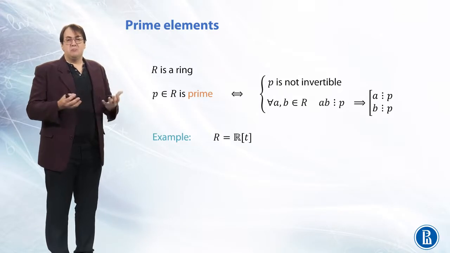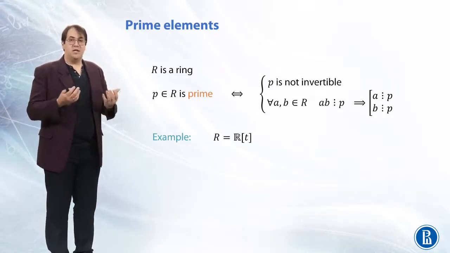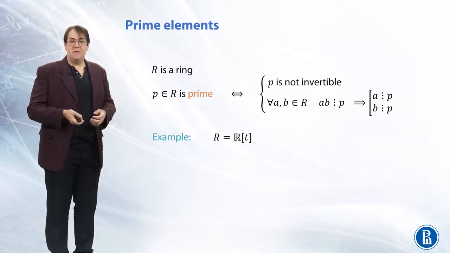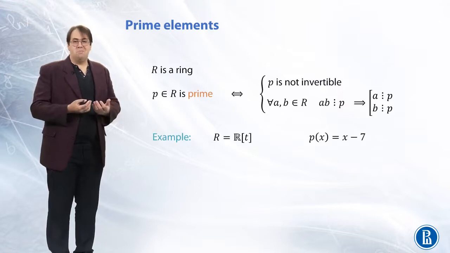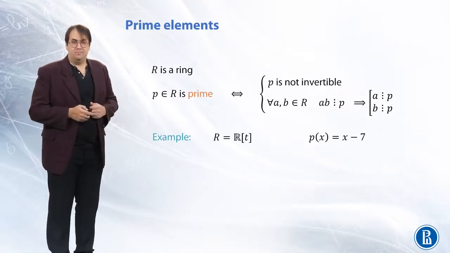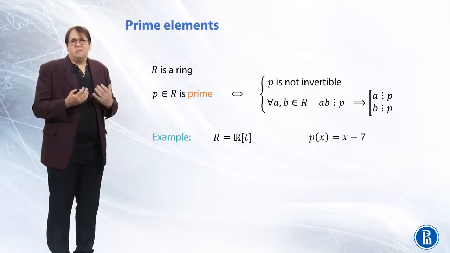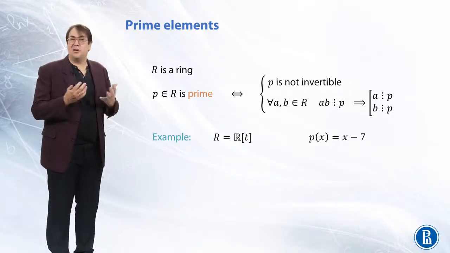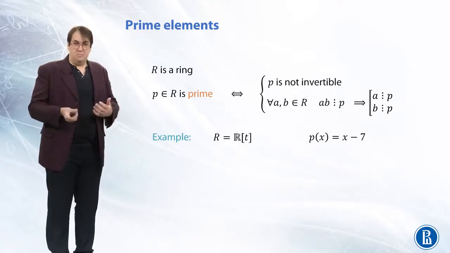Well, let's consider an example. Consider the ring of polynomials in one variable, and consider a polynomial, say, x minus 7. We all, I believe, understand that this polynomial really seems quite prime, but let's try to prove this using the definition.